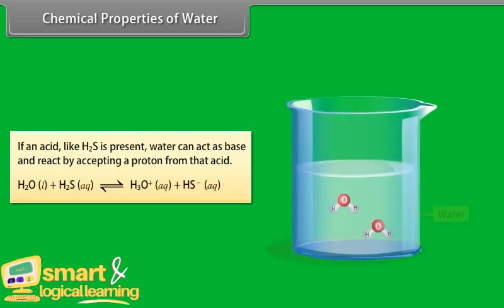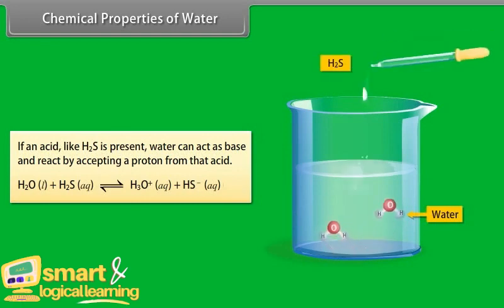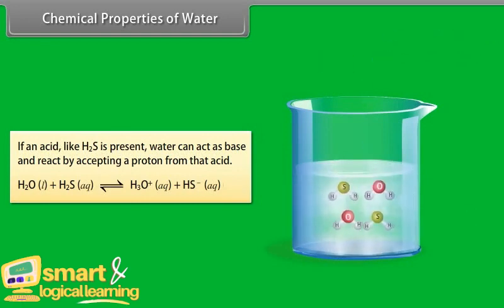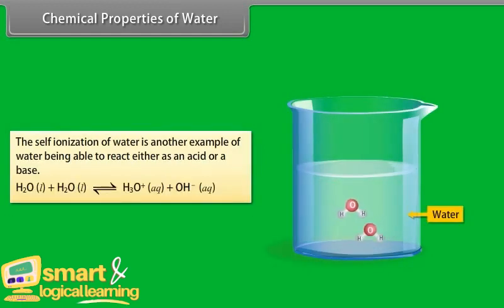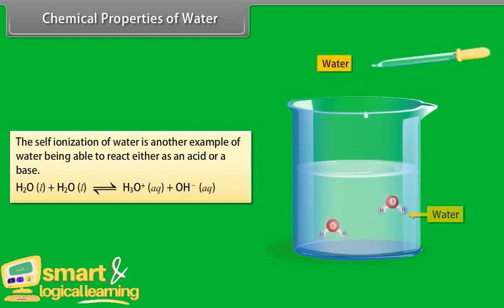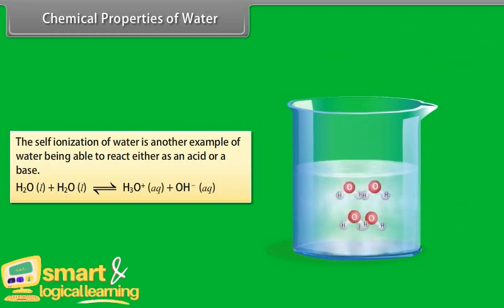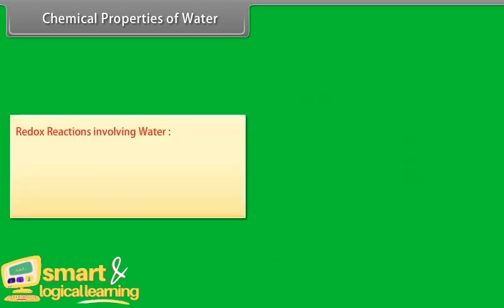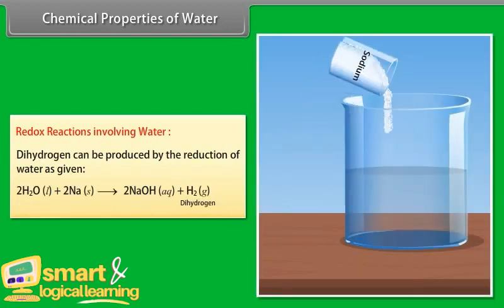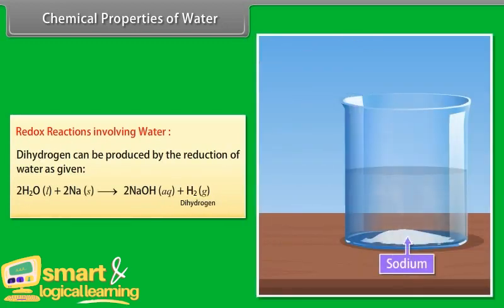If an acid like H2S is present, water can act as base and react by accepting a proton from that acid. The self-ionization of water is another example of water being able to react either as an acid or a base. Redox reactions involving water. Dihydrogen can be produced by the reduction of water as given.